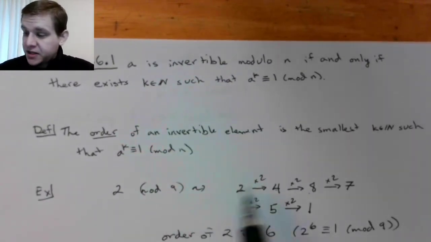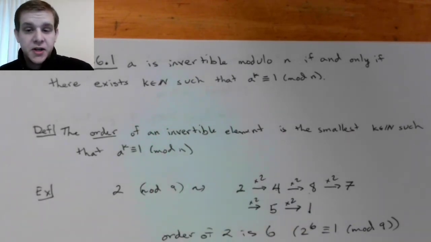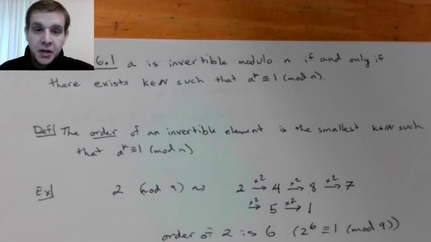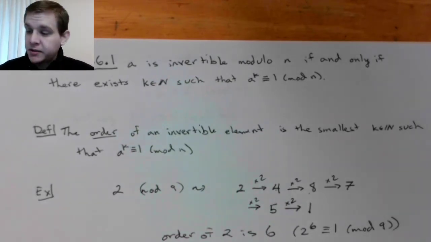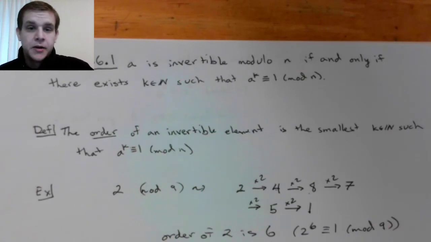This picture makes sense, and we can do this process to compute the order of a number if and only if that number is invertible, which is equivalent, as we know from before, to it being coprime with the modulus. So because 2 is coprime with 9, it has an order and it's invertible. These are all equivalent conditions.